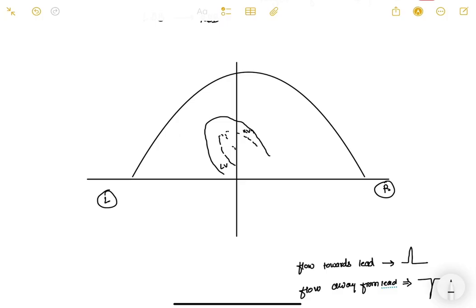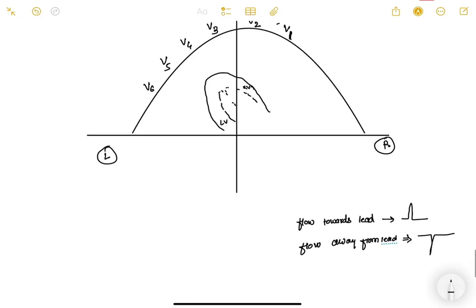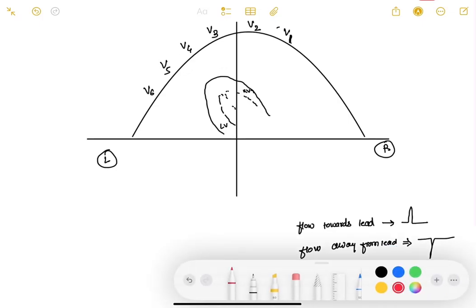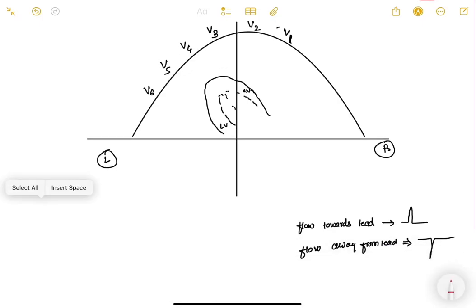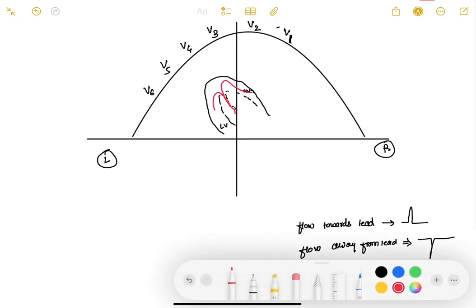So this is our body. We know that whenever we go for an ECG, there are precordial leads, that is V1, V2, V3, V4, V5 and V6. So this is our orientation. Now let's understand, suppose this is your left bundle, this is your right bundle.